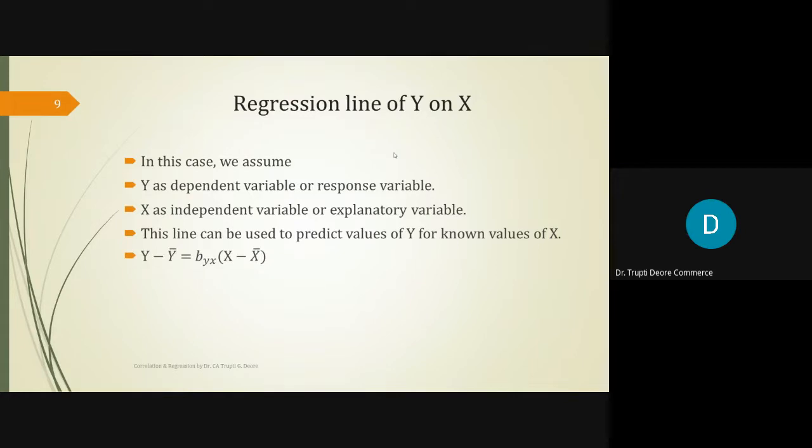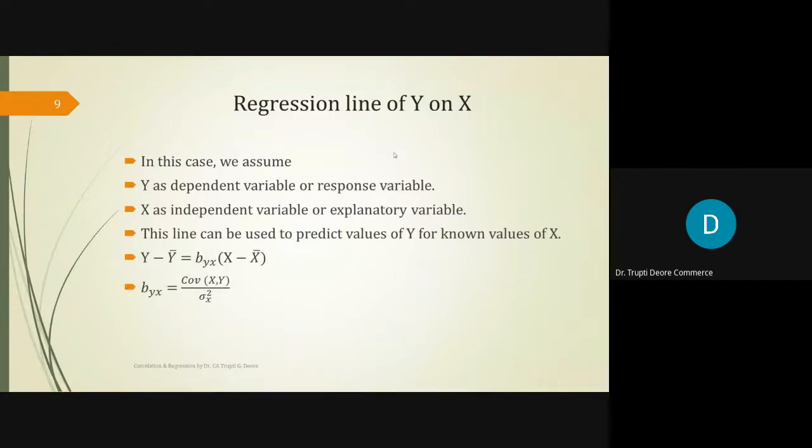So how is it calculated? The formula is y minus y bar is equal to byx into x minus x bar. Y bar we already know: y bar is equal to summation of y upon n, and the same for x bar, which is the mean, summation of x upon n. Byx is calculated as covariance of xy upon sdx square. Remember this one.